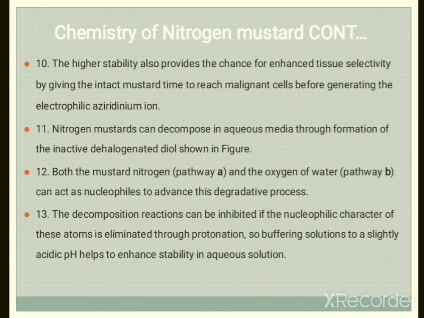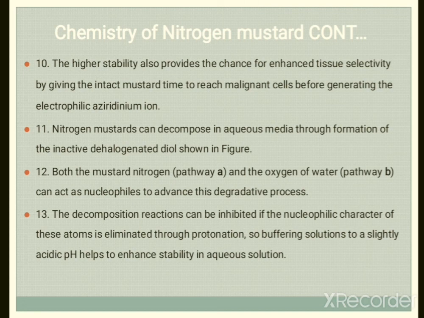Nitrogen mustards can decompose in aqueous media through the formation of an inactive dehalogenated diol, which we will look at in the figure. Both the mustard nitrogen, pathway A, and the oxygen of water, pathway B, can act as a nucleophile to advance these degradative processes.